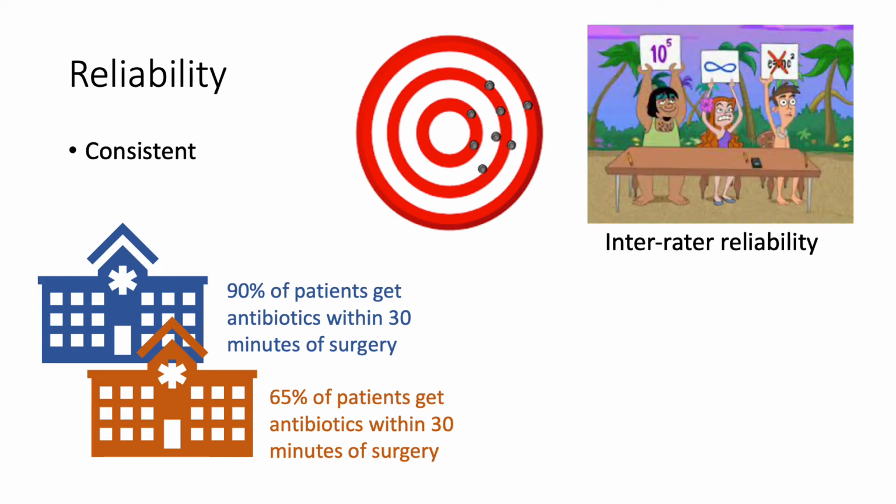Another example, I grew up in a figure skating country. We have what we call inter-rater reliability. And that means, are the judges consistent? At one point, I was publishing a paper with a colleague, and we were assigning a rating or numbers to the characteristics of what we were examining.